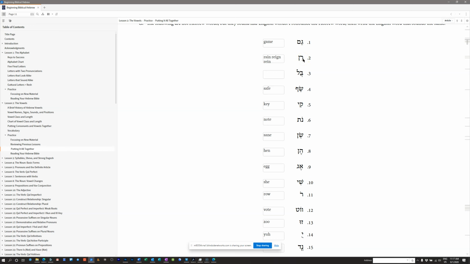But again, in Hebrew, the resh is pronounced more like the closest similarity we would have, even like a Spanish alveolar tap. I'm trying to think of a very common Spanish word that has an R in it. Cara, para, something like that. Your tongue kind of taps that ridge behind your teeth.